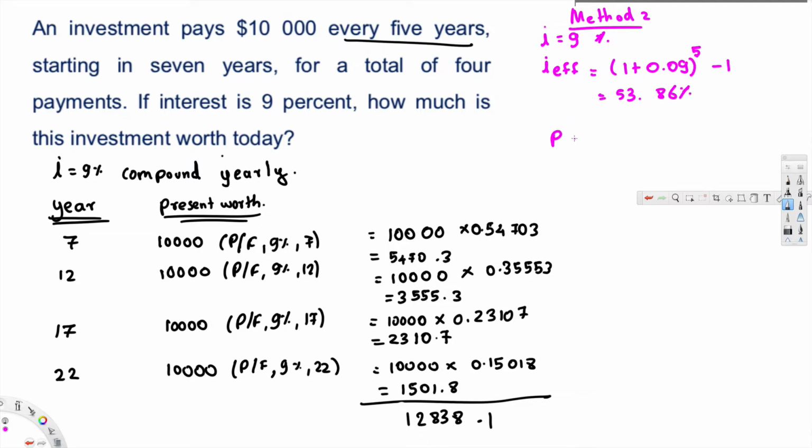To calculate the value, we put this equation: P is equal to the initial value, 10,000, since the investment pays 10,000 every 5 years, and after that the present factor P over A at 53.86% for 4 payments.